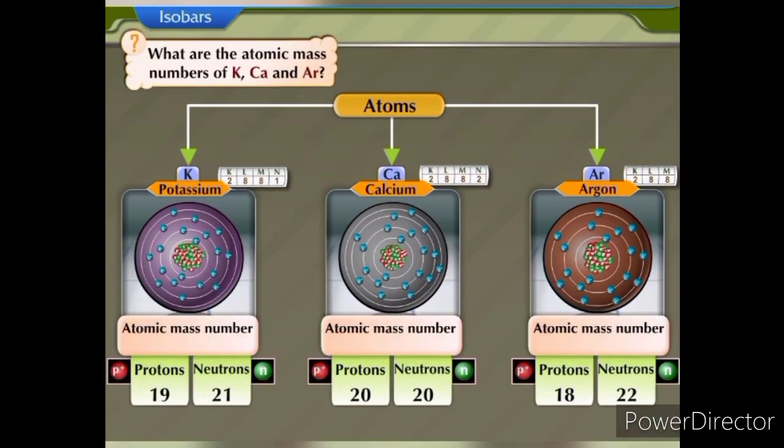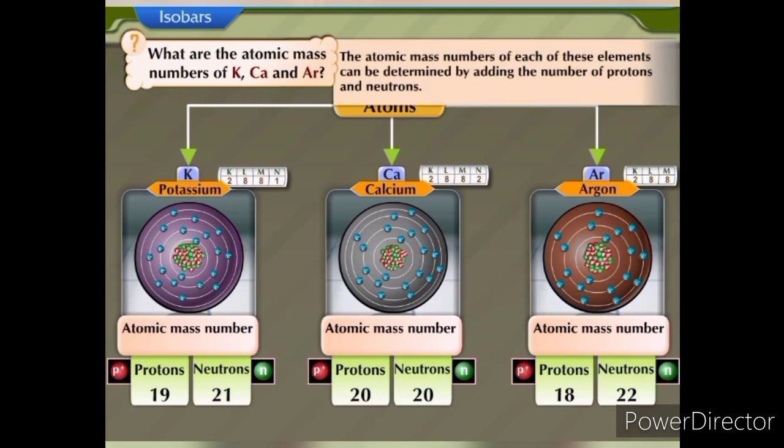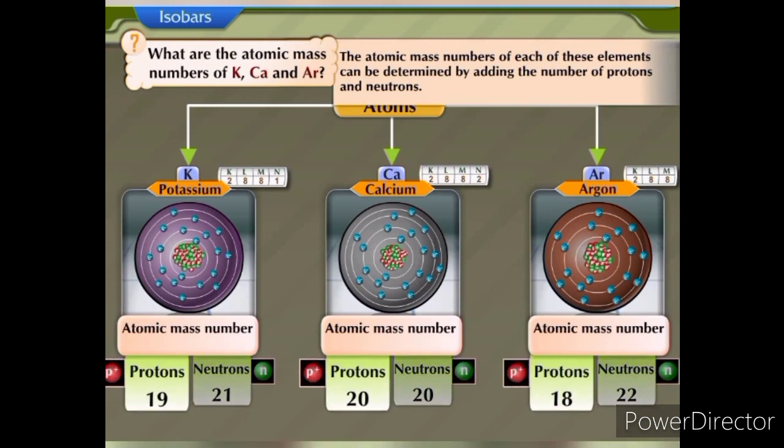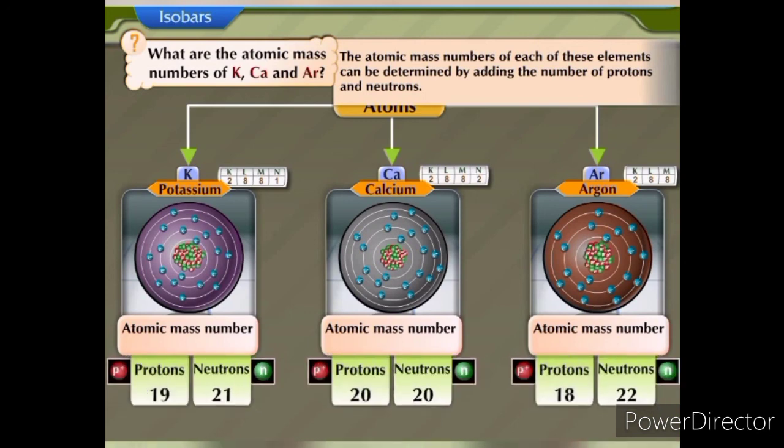What are the atomic mass numbers of potassium, calcium, and argon? The atomic mass numbers of each of these elements can be determined by adding the number of protons and neutrons.